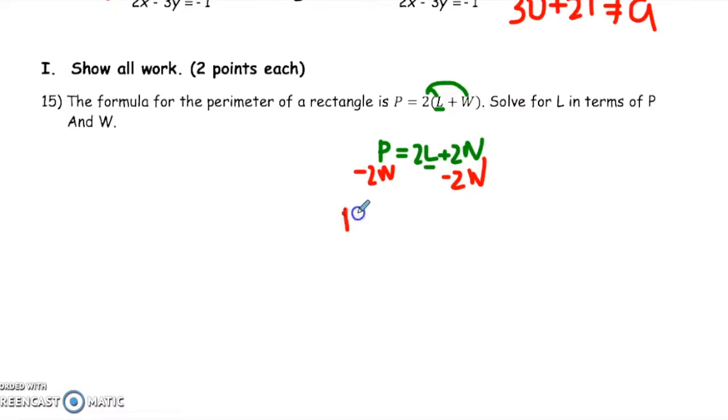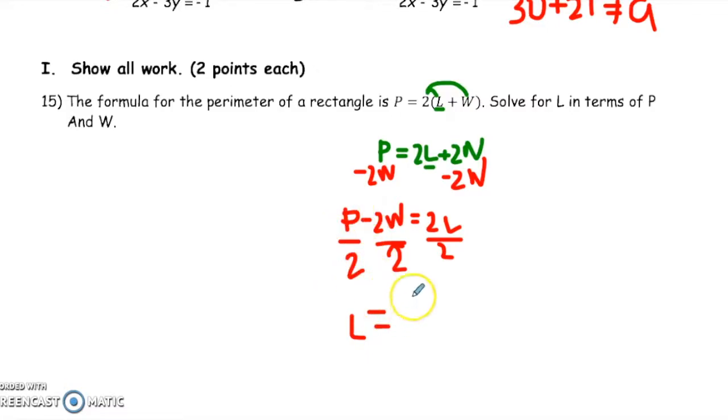So we have P minus 2W is equal to 2L. And then finally, divide everything by 2. So L is equal to P over 2.